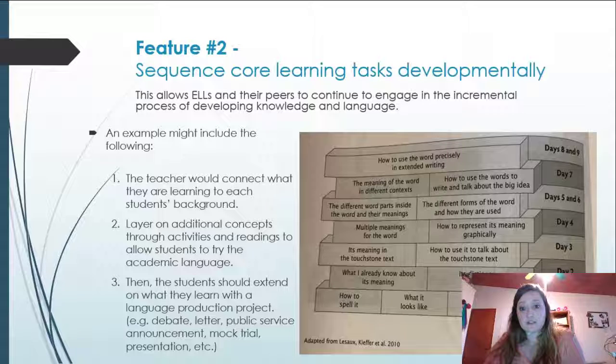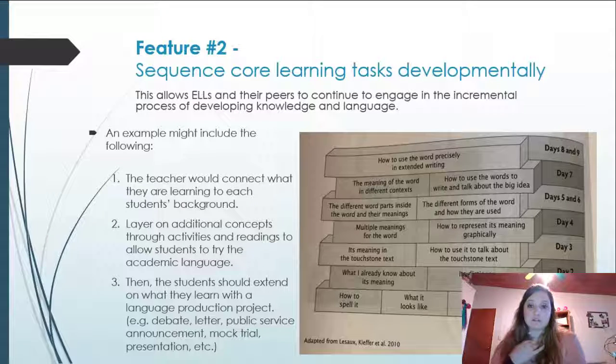Days 5 and 6, they talk about the different word parts inside the word and their meanings. So that would be the prefixes, the suffixes, and then the different forms of the word and how they are used. So that would be past, present, and future tenses and how to use them in different sentences. Day 7 would be the meaning of the word in different contexts. So a word like surface in one text could mean the surface of water, I think was what Ms. Parkin's class used, but surface to another student meant to get to the land.